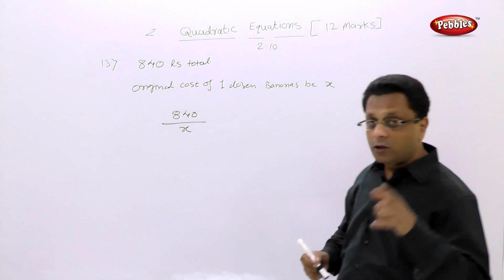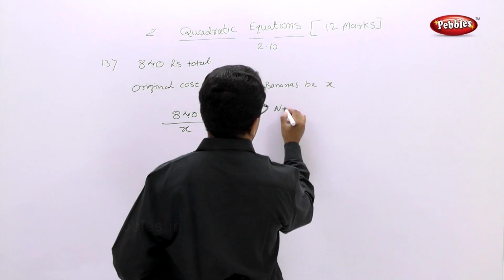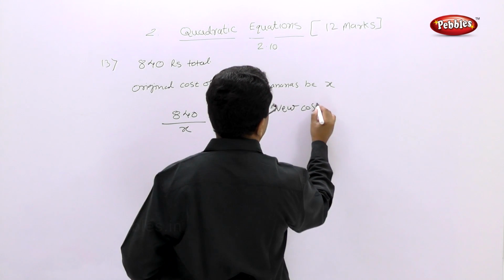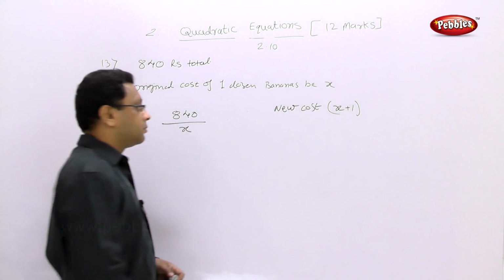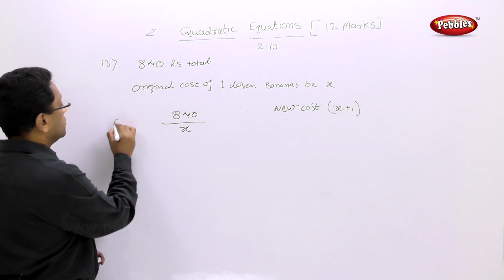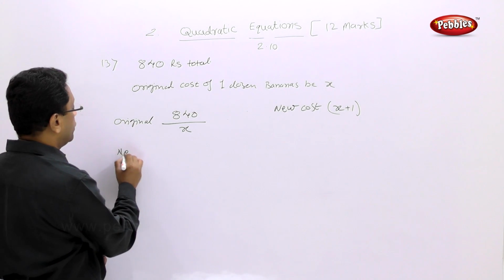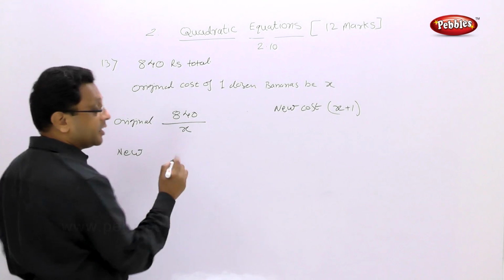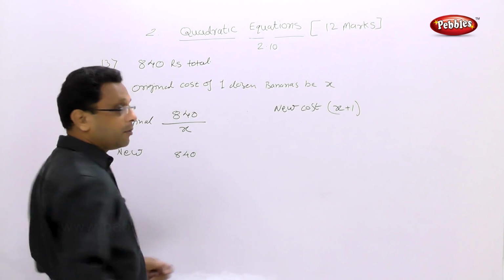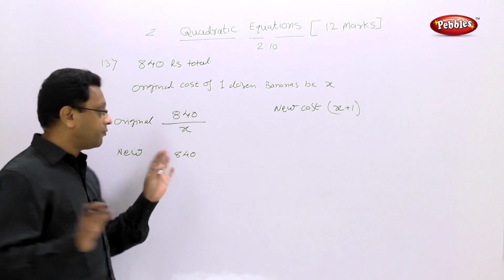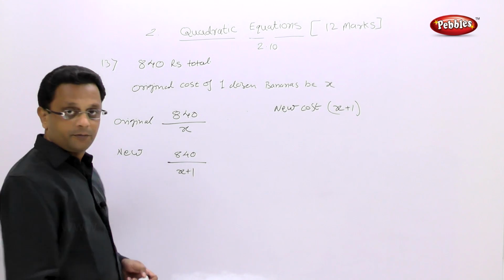Now the cost of 1 dozen banana is increased. New cost is x plus 1. Okay. Now this is original and new. You can buy how many dozens of bananas? 840. See, the amount of money you have is the same, 840 divided by x plus 1.